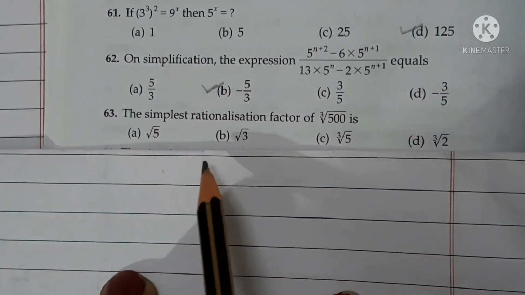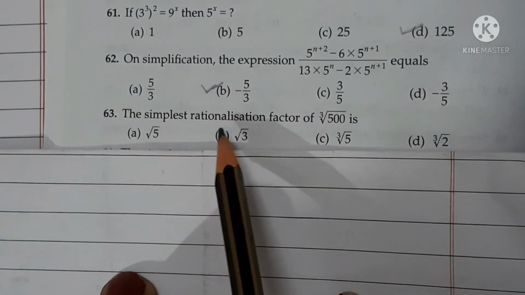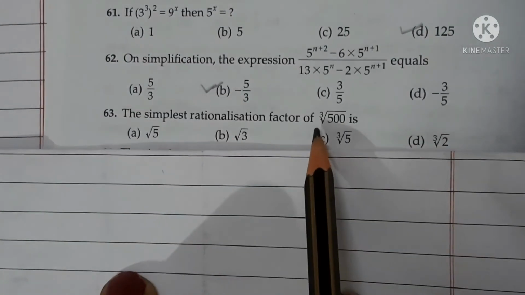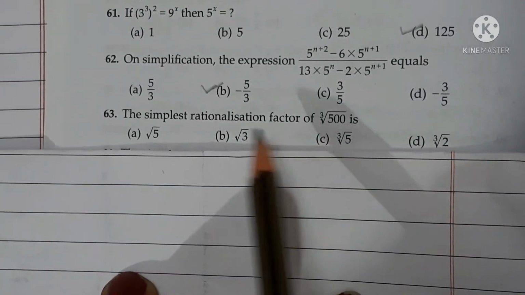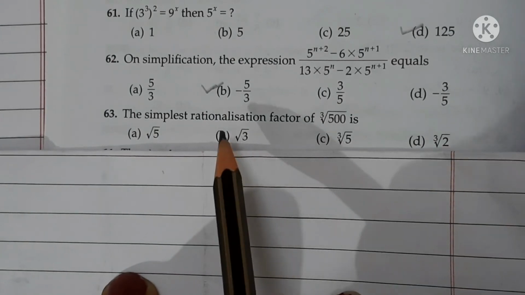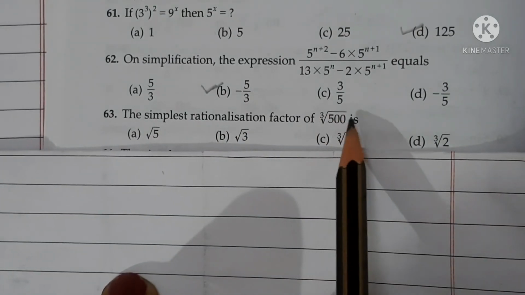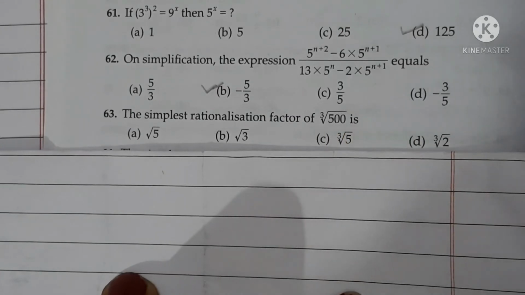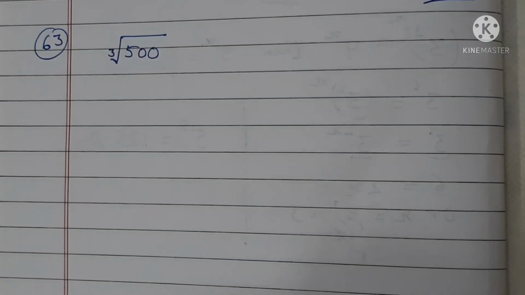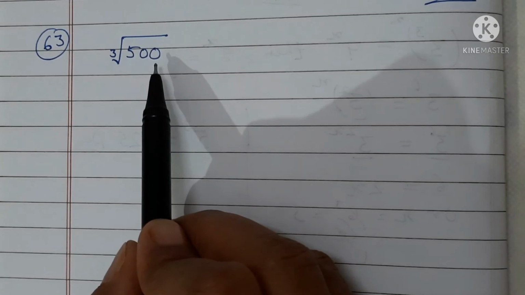Next, question number 63. The simplest rationalization factor of the cube root of 500 is. So what to do? To make it a rational number, it should be a perfect cube. Now, this is not a perfect cube.